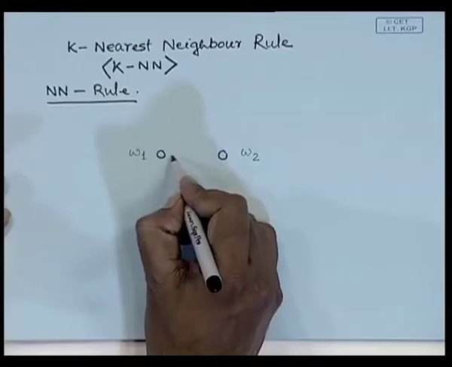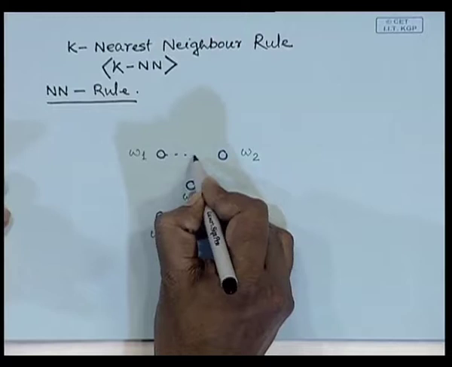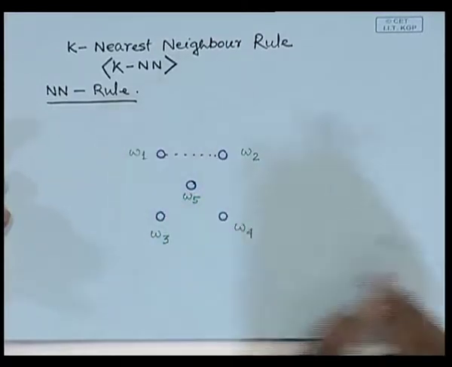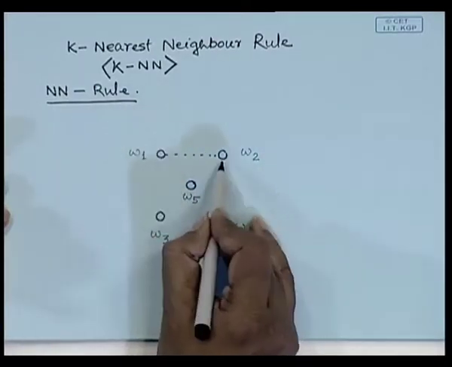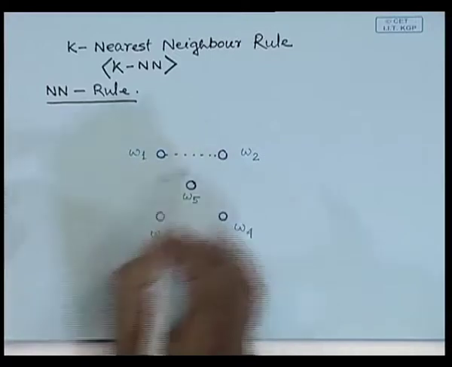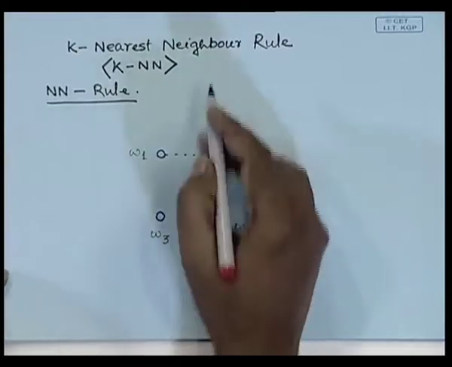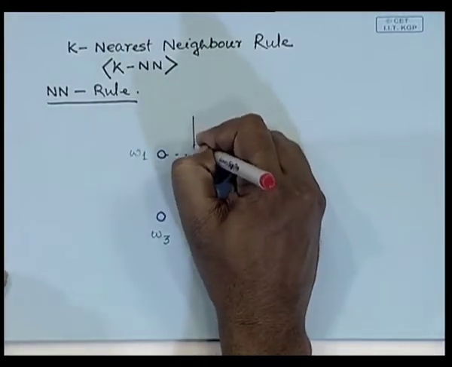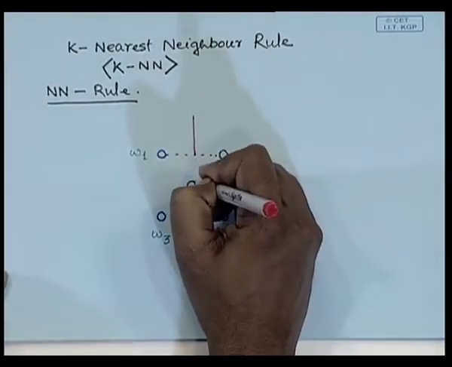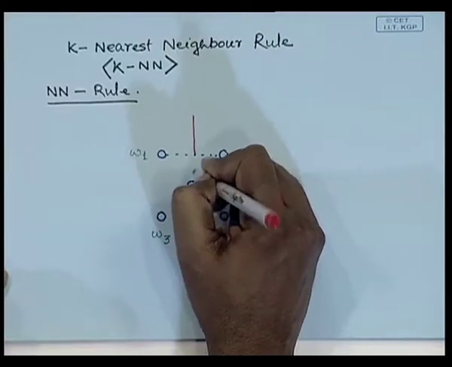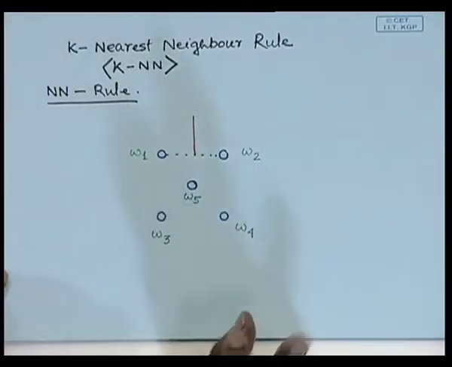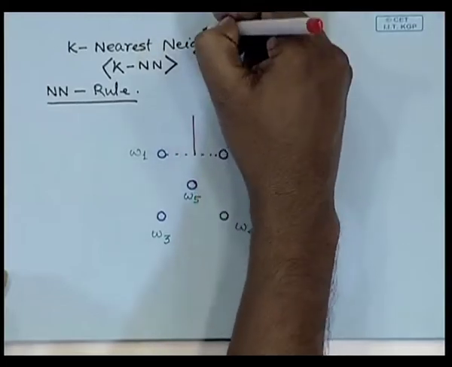So, following that, you find that the decision boundary between class omega 1 and omega 2 will be an orthogonal bisector of the line joining these two samples. So, the decision boundary that I have is simply this, and it will be extended on this side, as regards omega 1 and omega 2, and it will be extended on this side.